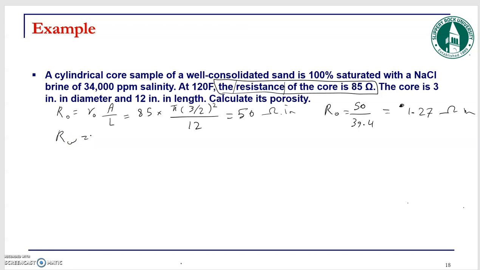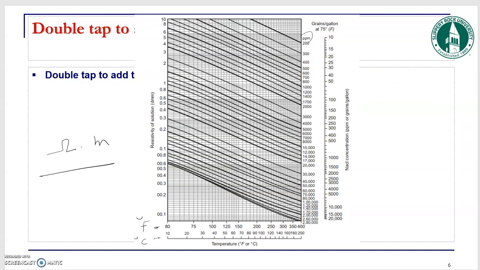Okay, so next step is to calculate the water or brine resistivity. So for brine resistivity, you need to use charts. So remember we had a chart here that tells us what is the resistivity. So at 120 degree Fahrenheit, maybe somewhere here, it's not 100% accurate, but I'm gonna go up. This is, let's say, the 120 degree Fahrenheit line, right?